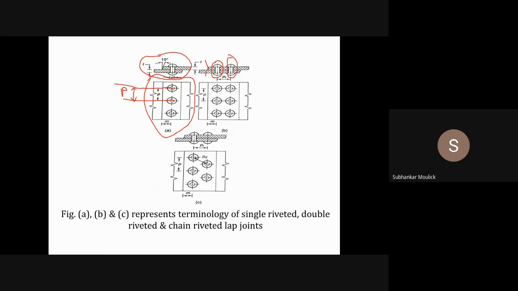The distance between the center point of one hole and the center point of the second hole is known as pitch of the rivet. The same goes for the zigzag riveting also. This is the center point of one hole and this is the center point of the other hole. The distance in between is known as pitch P of the rivet. Is it clear? Any doubt so far? No, sir. Clear.